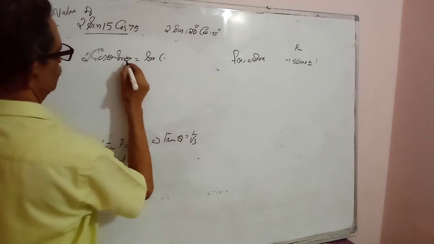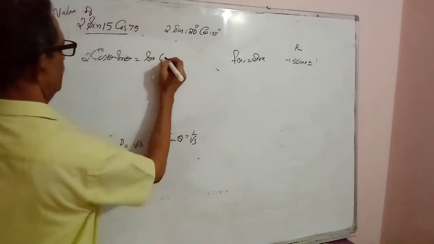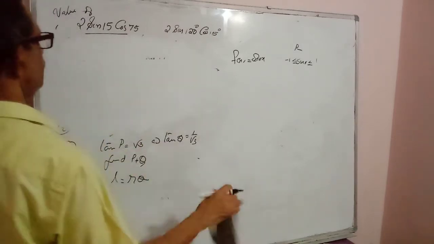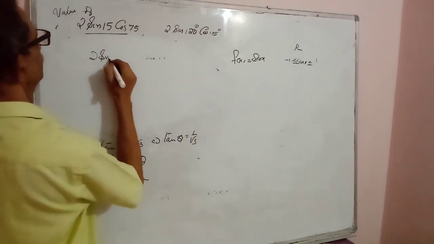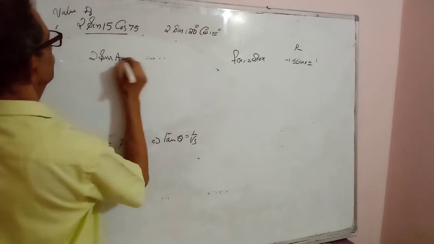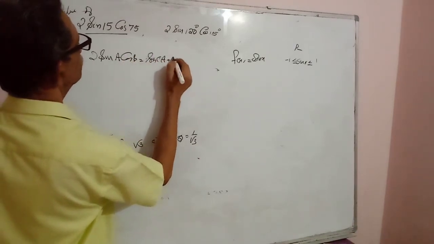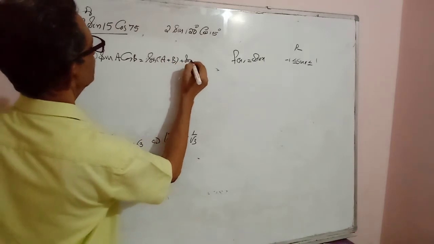This is the formula: 2 sine A cos B is equal to sine of A plus B plus sine of A minus B.